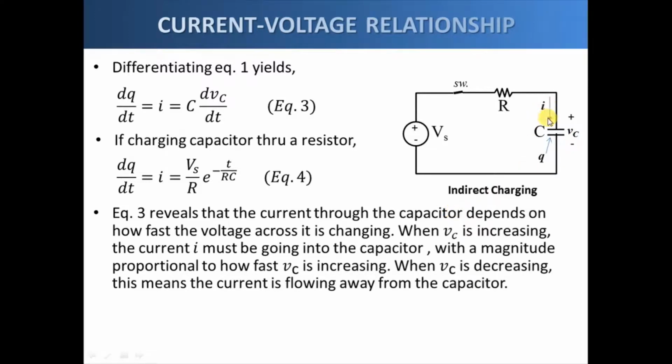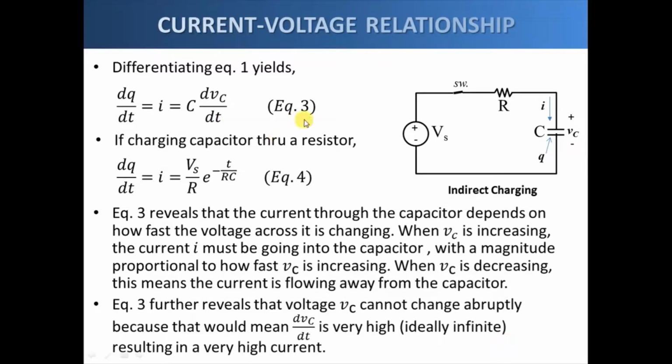That has a magnitude that is proportional to how fast that V sub C is changing or increasing in this case. When V sub C is decreasing, that is, we have a negative slope, that means the current is actually flowing away from the capacitor. And how fast the current is flowing again depends on the magnitude of dV_C/dt.